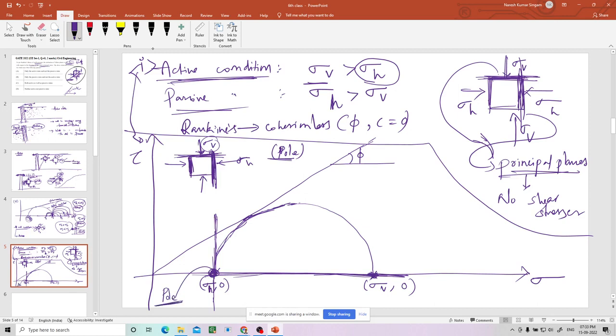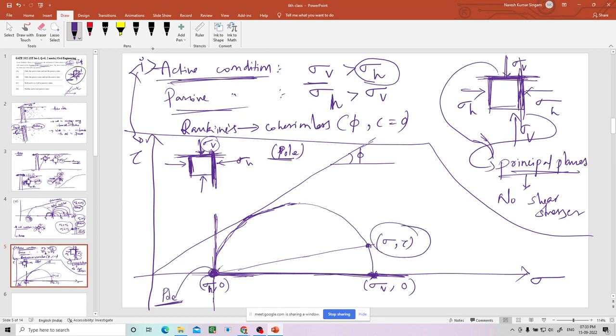Now from the pole, whichever line you draw, you can find out the angle of inclination with respect to the horizontal plane. Suppose I randomly draw this line. There is some point here, some sigma will be there, some tau will be there.